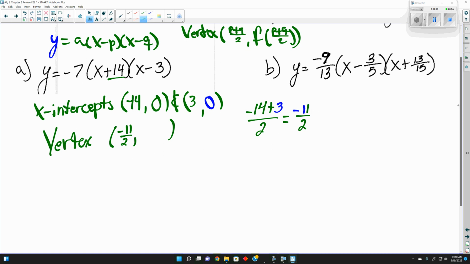Which is kind of nice to know, because the axis of symmetry is x equal to p plus q over 2. Well, p plus q over 2 is negative 11 halves.